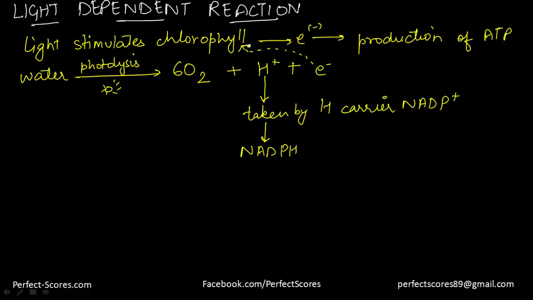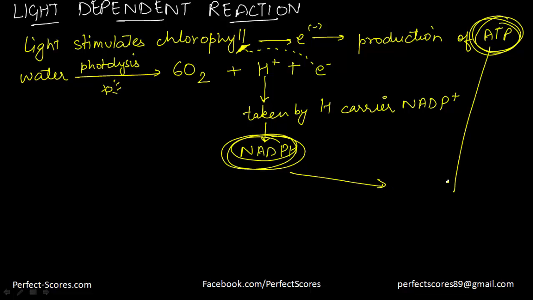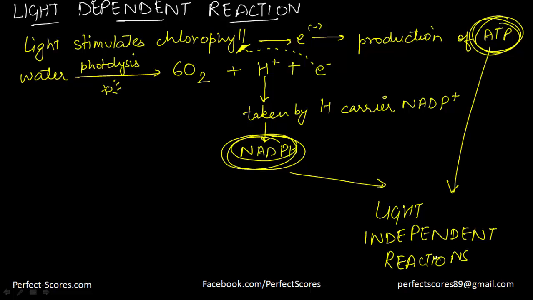So whatever electrons were lost by chlorophyll are replaced by electrons coming from the photolysis of water. Now this ATP and the NADPH are taken to the site of the light independent reactions. So this is what happens in the first step, which is the light dependent reaction. The products are ATP and NADPH, and they go to the light independent reaction.